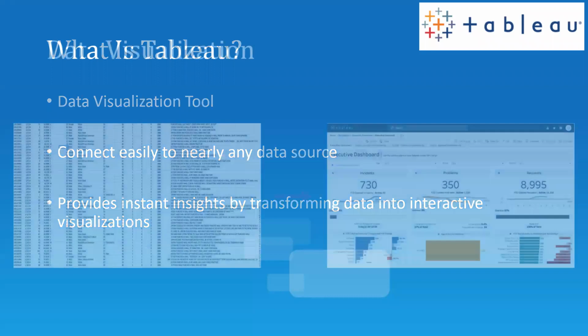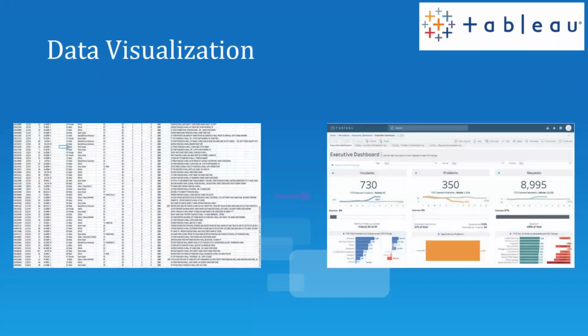Let's see what is data visualization. From the left hand side, you can see we have raw data, and from the right hand side, we have a graphical representation of that data. Data visualization deals with the graphical representation of data. It turns raw data into insights that can be easily interpreted by your readers.